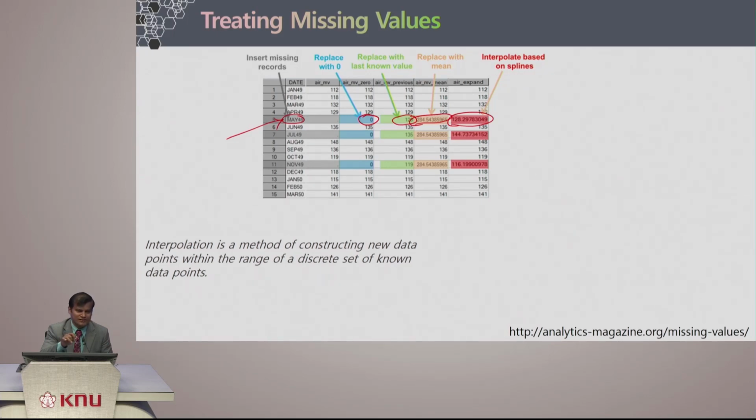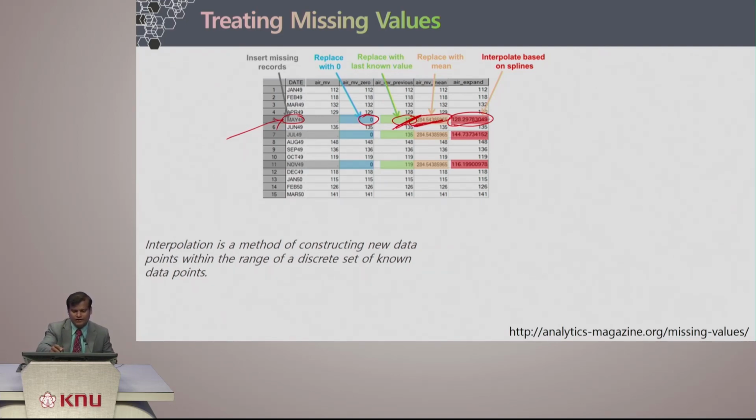For instance, it is not always best to put 0. In some cases zeros are fine because you know the domain, so at that time if data is missing you can put 0. But on other occasions, as you can see here, they have replaced with the last known value, 129, or they replace with the mean value.